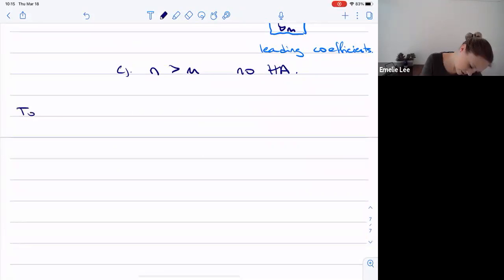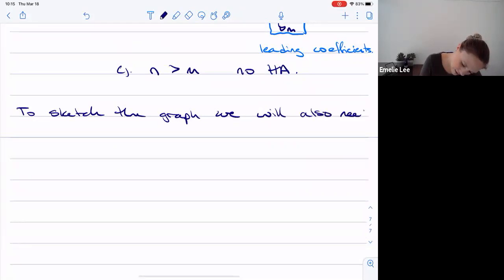To sketch the graph, we will also need to find the X and Y intercepts.